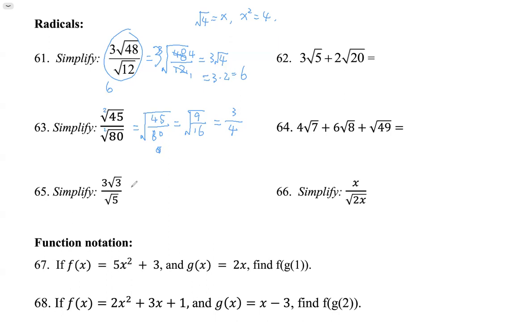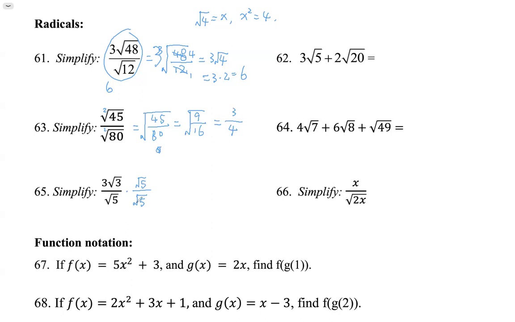Let's say 65. We observe that even if we put the square root of 3 and the square root of 5 together as the square root of 3 divided by 5, it wouldn't help us, right? Because 3 and 5 don't have common factors. So what do we do? We multiply by the square root of 5 divided by itself. We always do this: we multiply by 1, and 1 is a transformer, whatever we need.